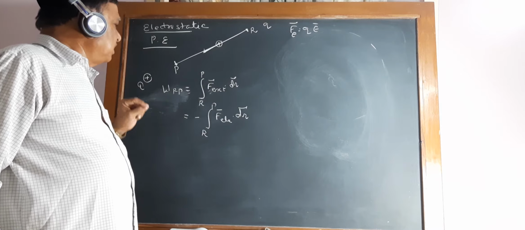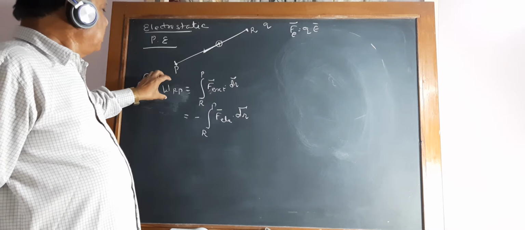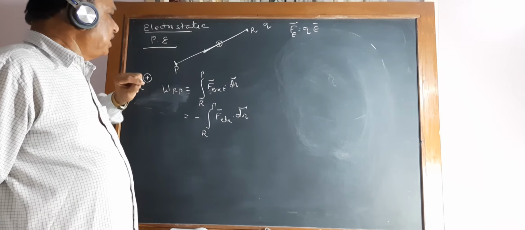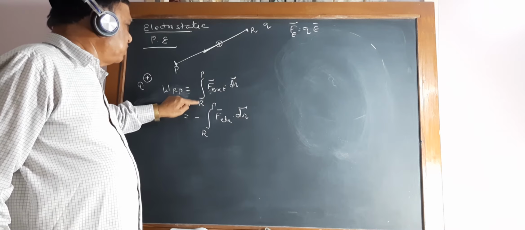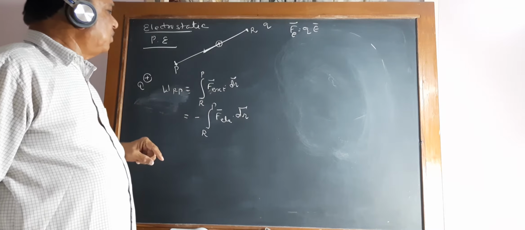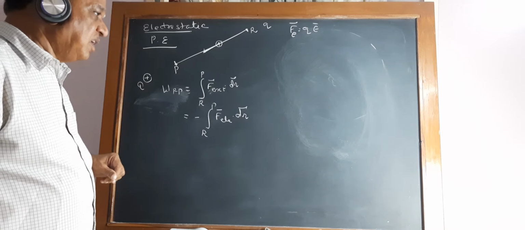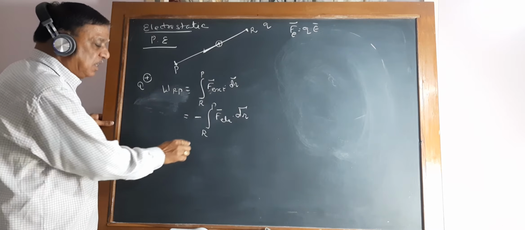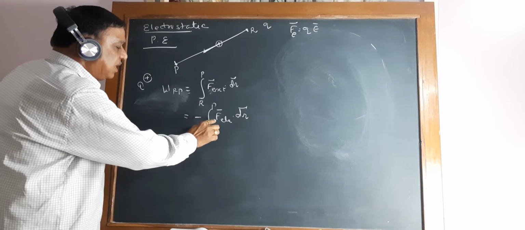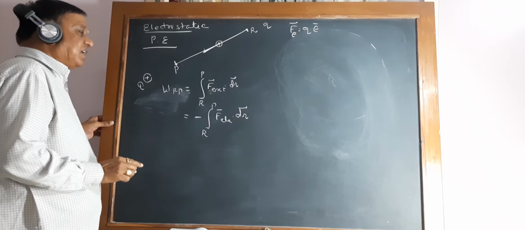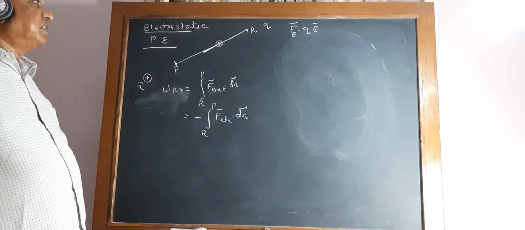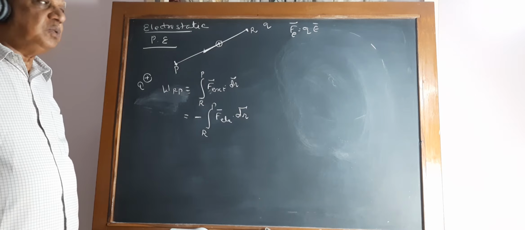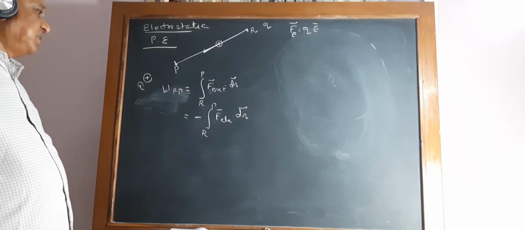Total work done is WRP equal to integration R to P F external dot dr, which is negative of integration R to P F electric dot dr. As we have discussed, external force is opposite to the electric force.